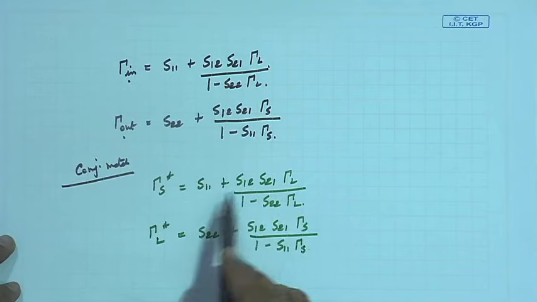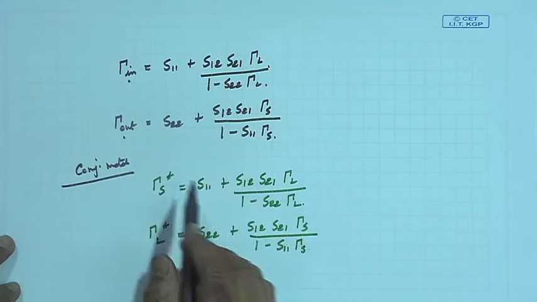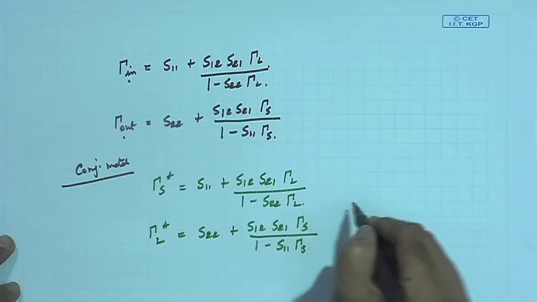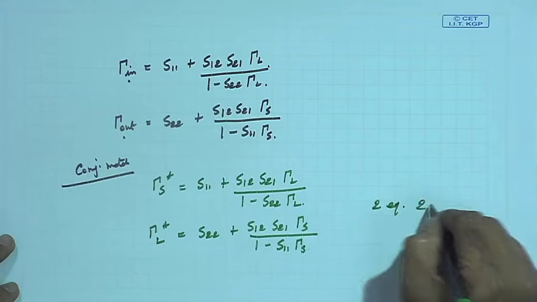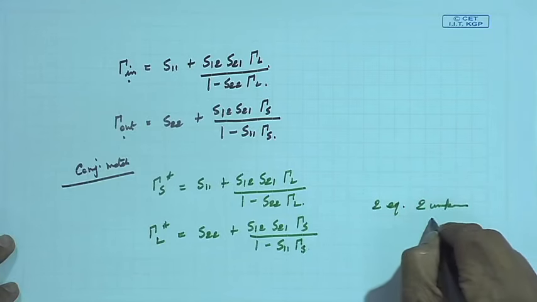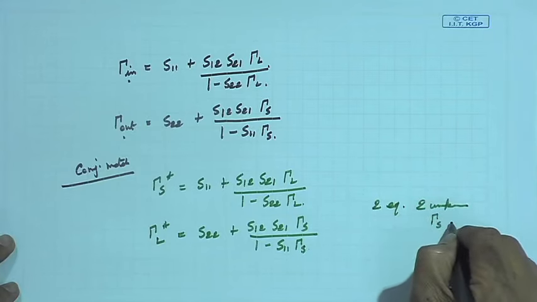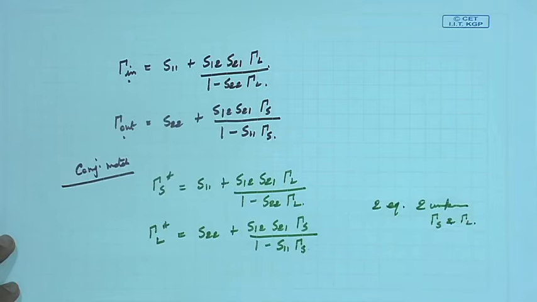All S parameters are known, so I have two equations and two unknowns. What are the unknowns? Gamma S and gamma L. So I can solve for that.